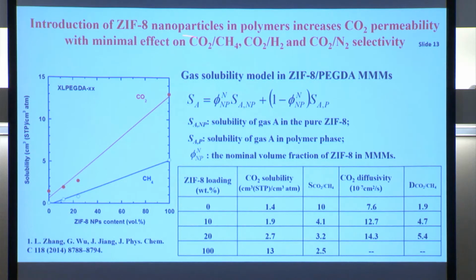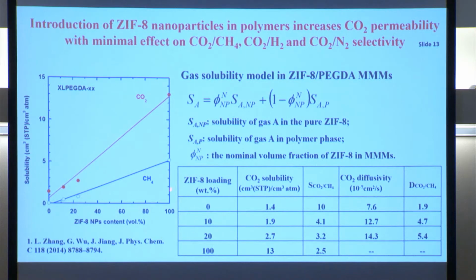And so this is the detection parameter of the CO2 solubility and the CO2 diffusibility. You can see the solubility of CO2 to methane is about 10, and the diffusibility of CO2 to methane is about 1.9.